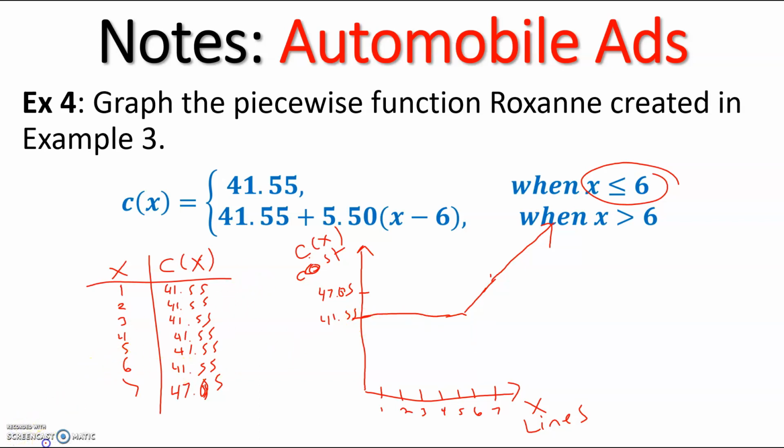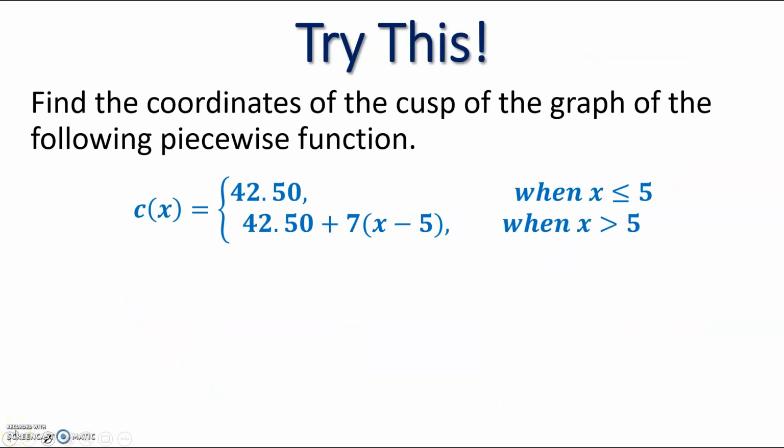All right, now with this type of piecewise function, this point here in which we change from that 0 slope to that slope of 5.50, this is mathematically referred to as the cusp. In this case, our cusp is located at 6 lines, 41.55. Now it's your turn to try.